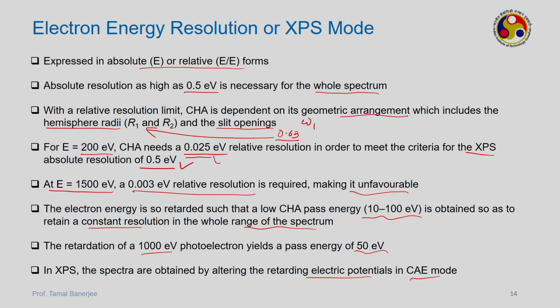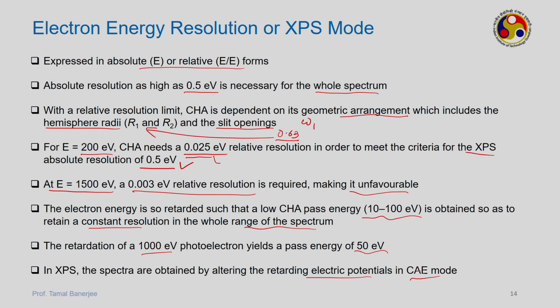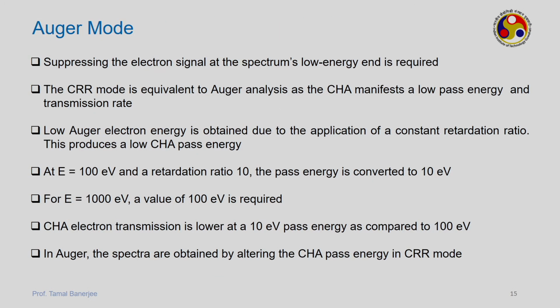Okay. So, the CAE is constant analyzer energy, we did it earlier. In this, you allow the electrons with a constant energy to pass through and then observe the retardation.